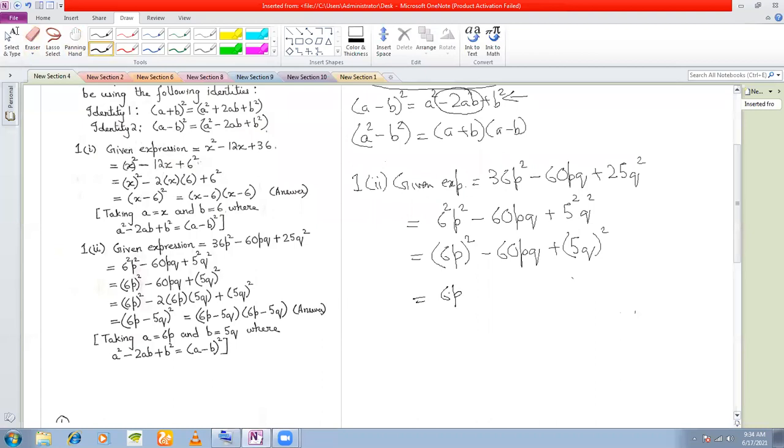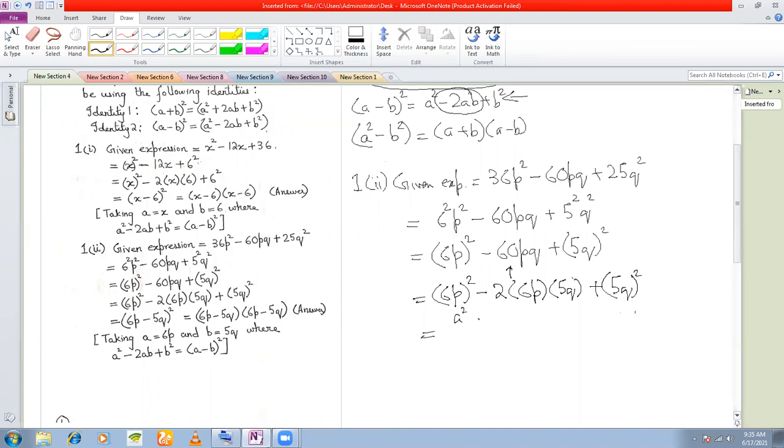So this is our a squared term minus twice a here is 6p, b here is 5q, plus 5q whole square. Now check whether we are getting 60pq here. 6 into 2 is 12, 12 into 5 is 60 and p into q. Yes, we are getting 60pq. So therefore this is what form?